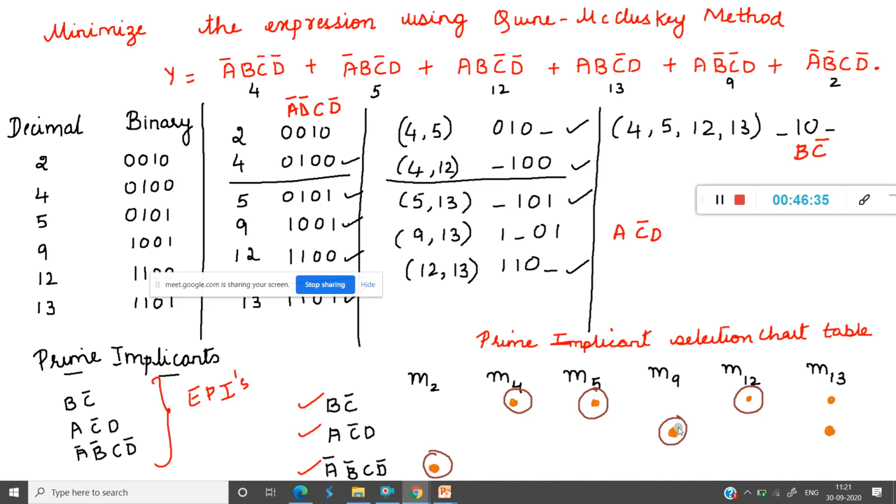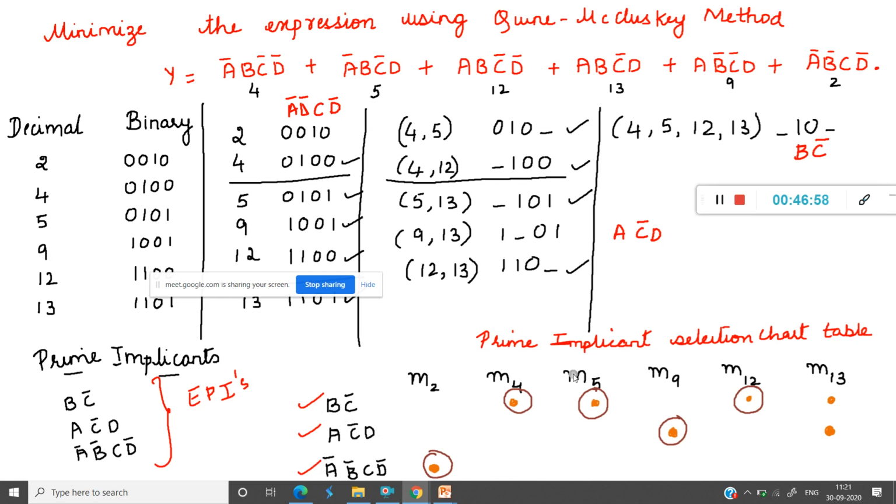Next, here you can see in M9 the second dot is there, because AC bar D covers 9 and 13. So a single dot is there in this column, and that particular row is an EPI. So all three are essential prime implicants as well as prime implicants.